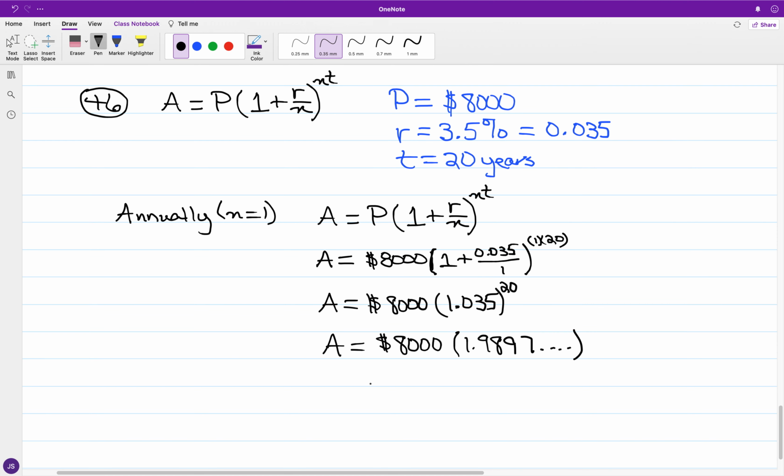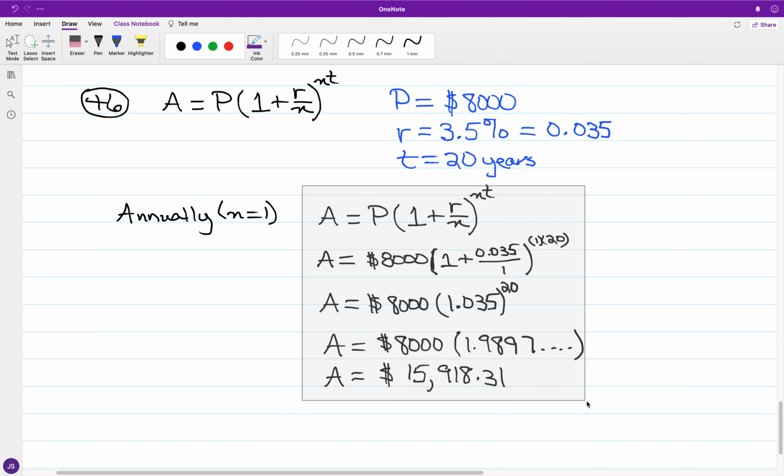If you keep the decimal places, then that future value will be around $15,918.31. So this is the future value whenever compounding is done on an annual basis.